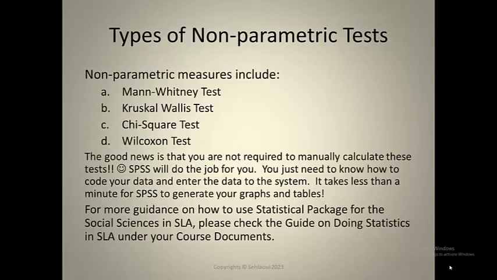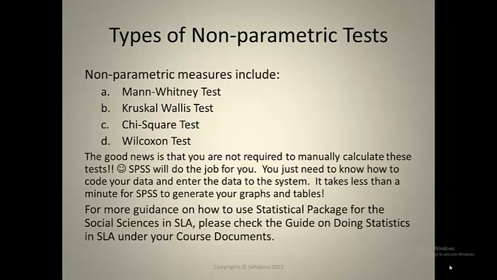Types of non-parametric tests would include Mann-Whitney test, Kruskal-Wallis test, chi-square test, and Wilcoxon test. The good news is that you are not required to manually calculate these tests. SPSS again will do the job for you.